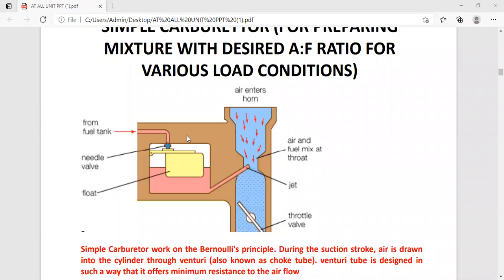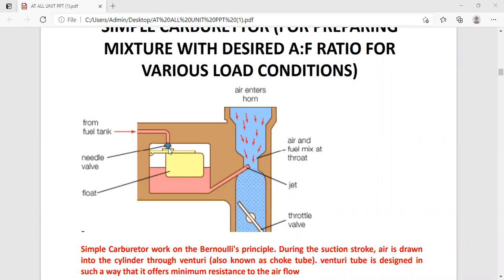If you see the fuel tank of your motorbike and observe the cap carefully, there is a little gap, or a small hole in the cap of your petrol tank, so that atmospheric pressure will act on the fuel inside the tank. How this helps to create the pressure differential, we are going to discuss now.